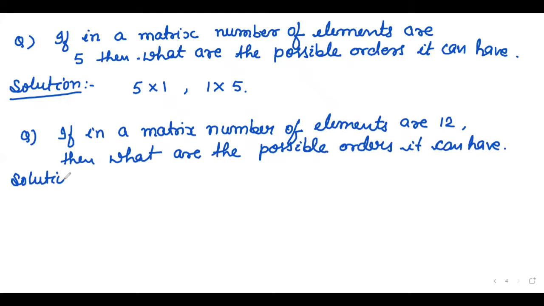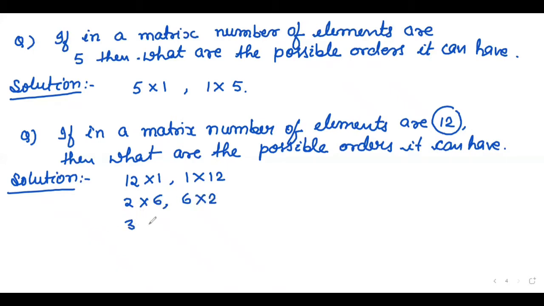We have to find the factors of 12, and those will be the orders for the matrix. So the first factor pair is 12 into 1, second is 1 into 12, then 2 into 6, then 6 into 2, then 3 into 4, then 4 into 3. So these are the possible orders we will have when the number of elements is 12.